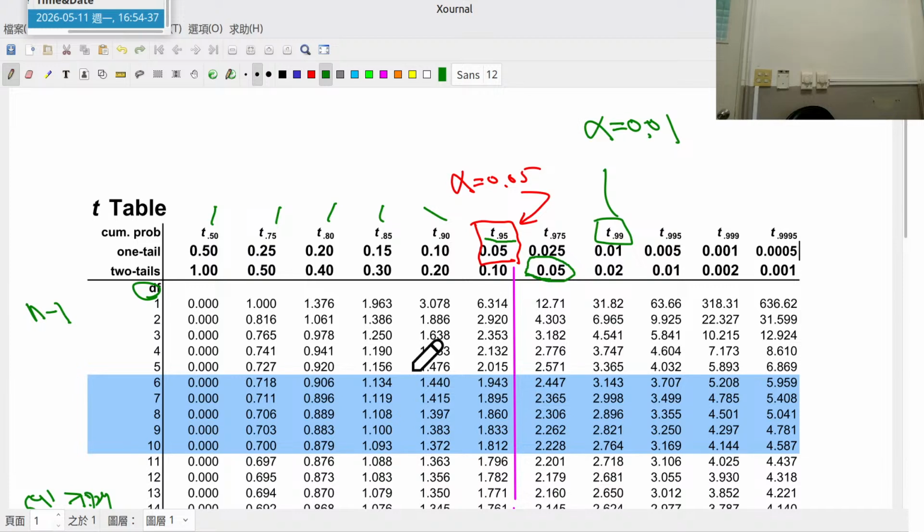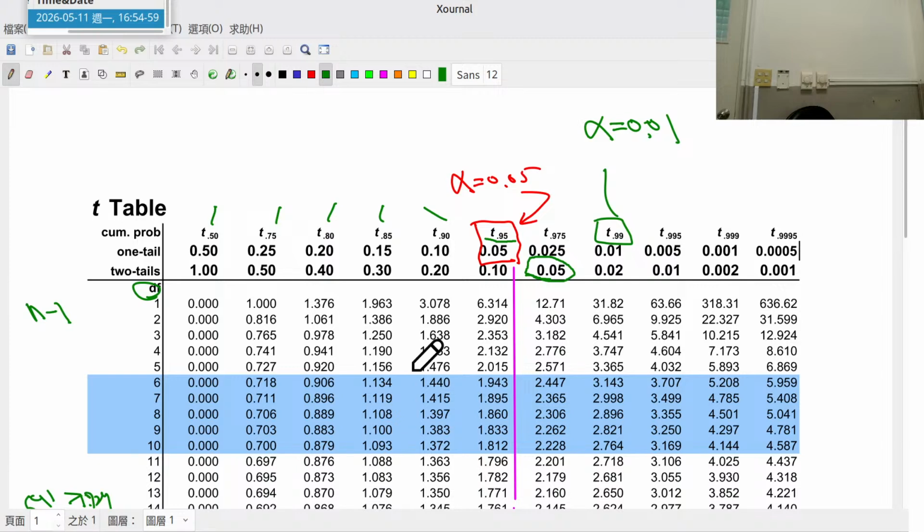Second, what is your question? On the question, we set one tail. Next week I will tell you the difference between one tail and two tails. 0.05, all two tails here. 0.05 here.